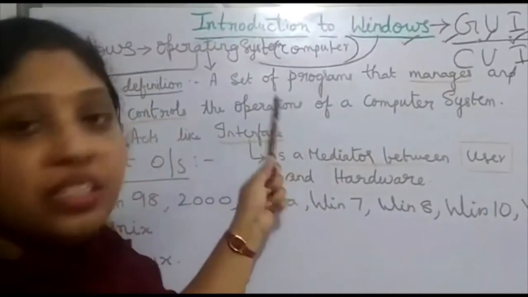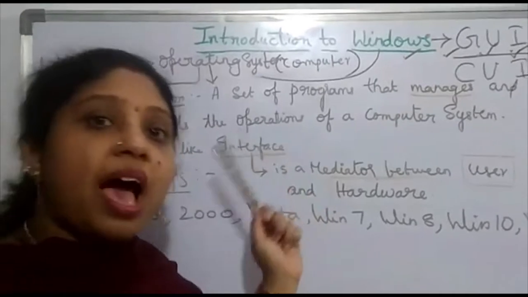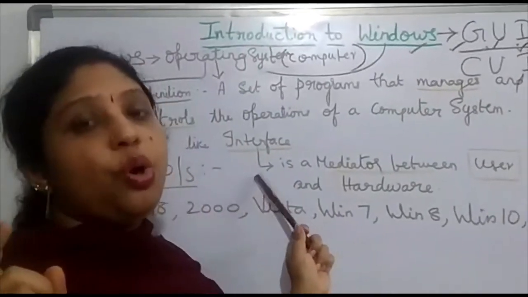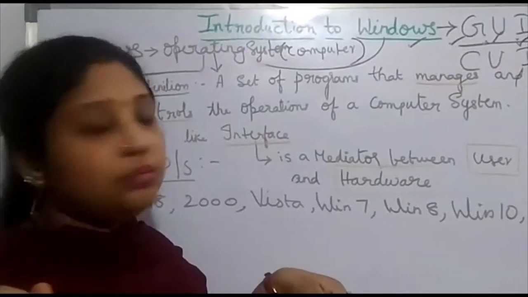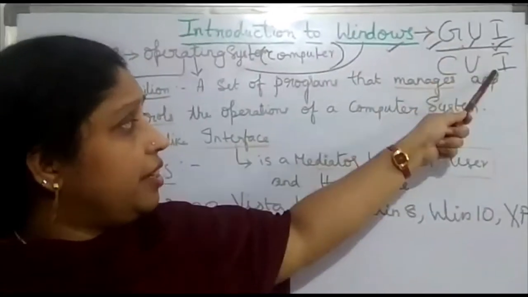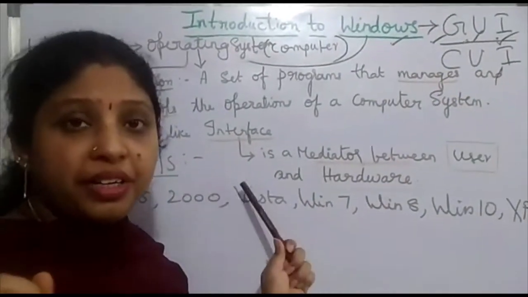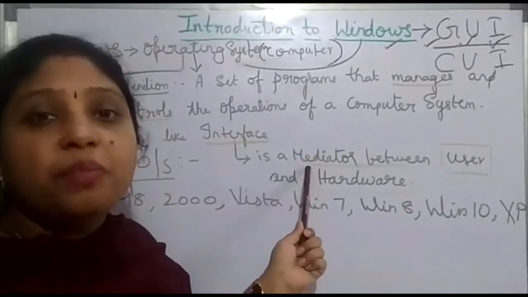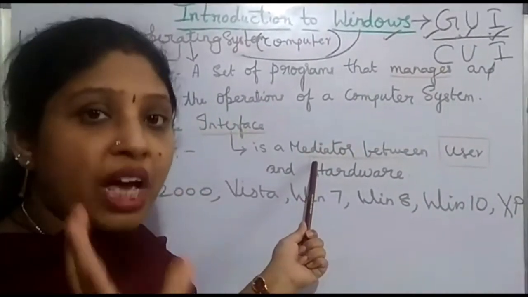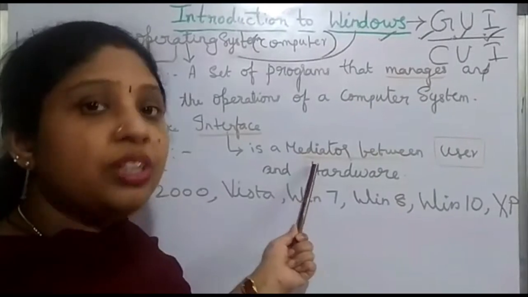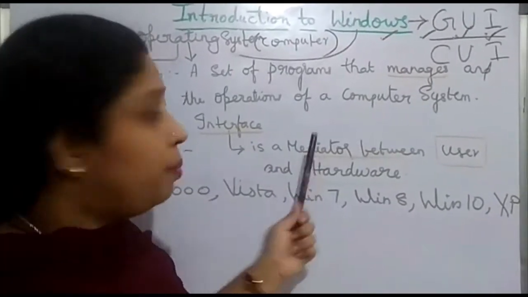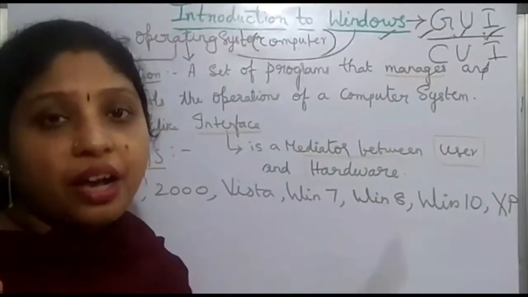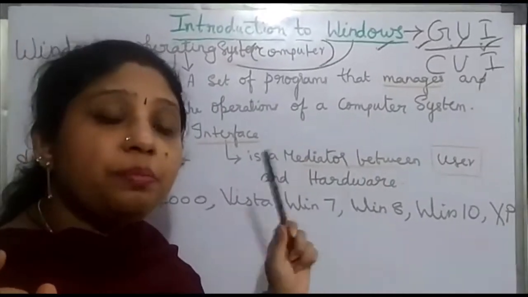Now, I said this operating system also acts like an interface. What is an interface? I already said it, but here I want to explain it clearly. An interface is a mediator, or for clear explanation, a connector between the user and the hardware. What is a mediator?